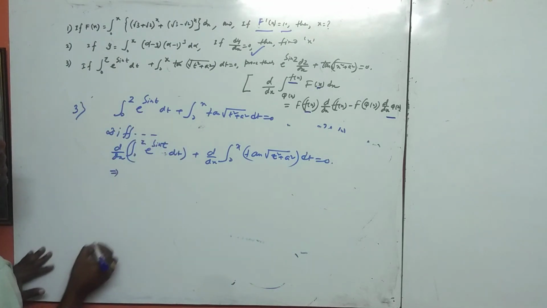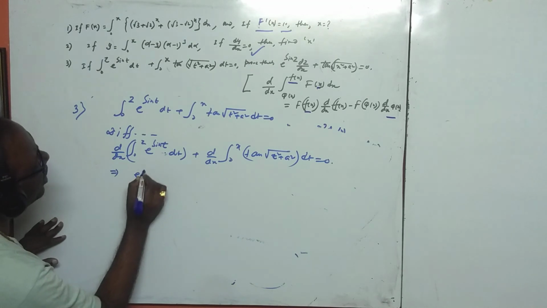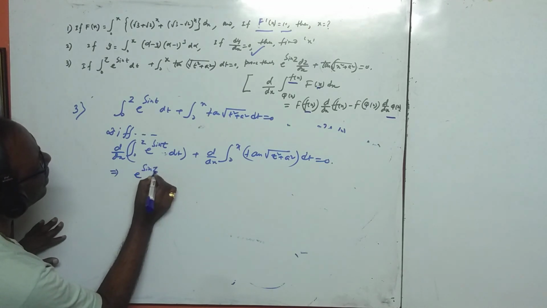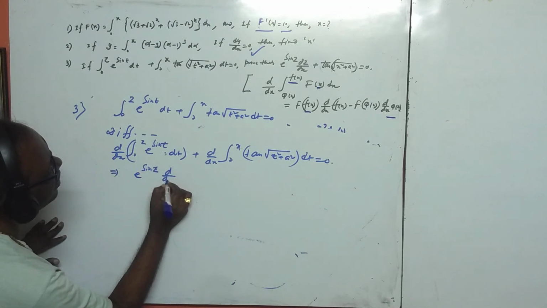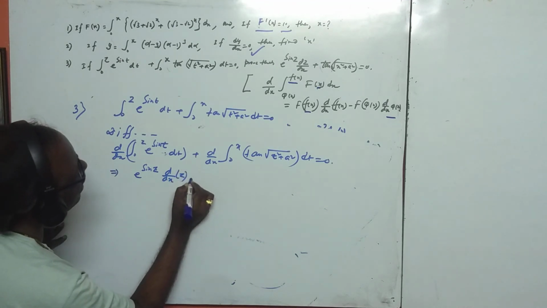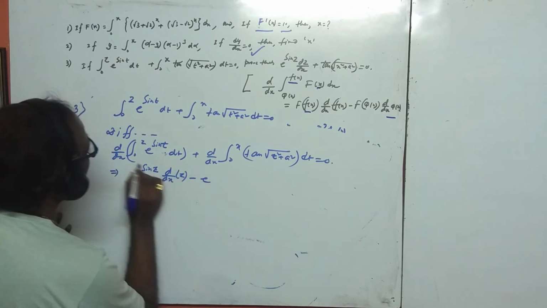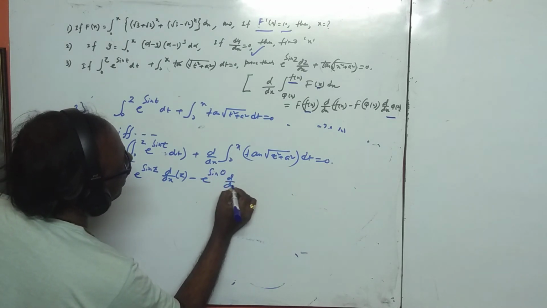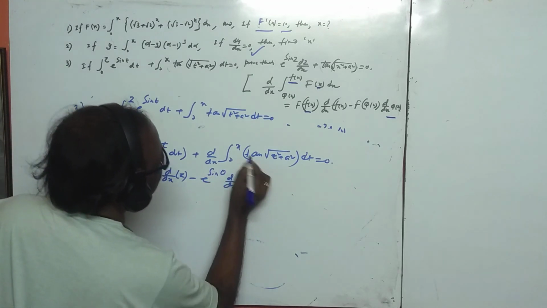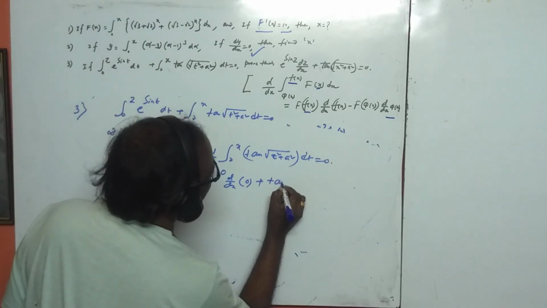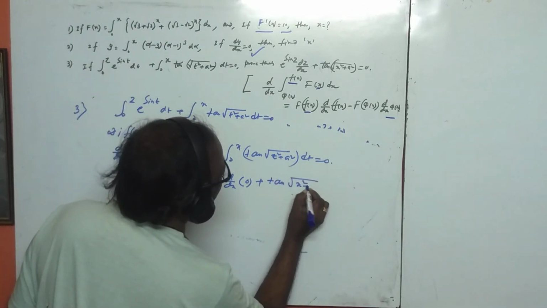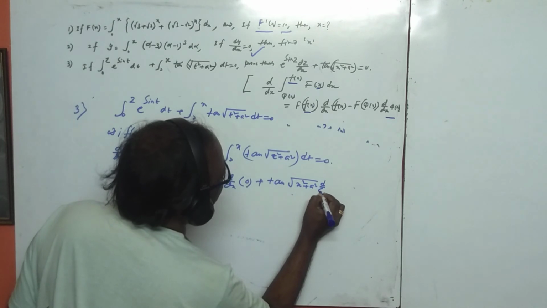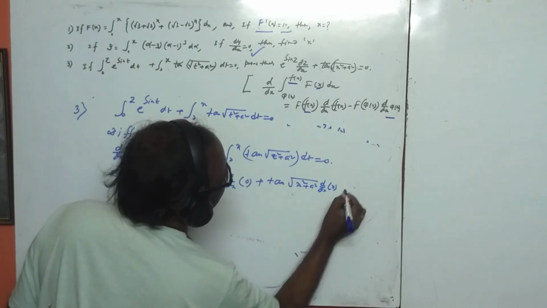So now see here, put the upper limit, that is sin z, and differentiate z with respect to x, that is written by that, and also lower limit here is e to the power sin 0 and again d/dx of 0, same as this tan root over (x square plus a square) and d/dx of x here.